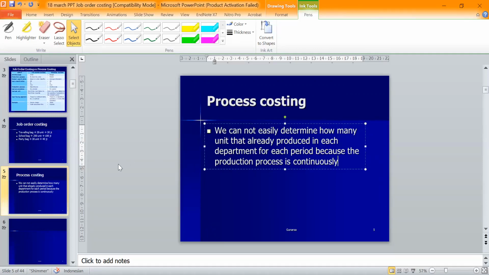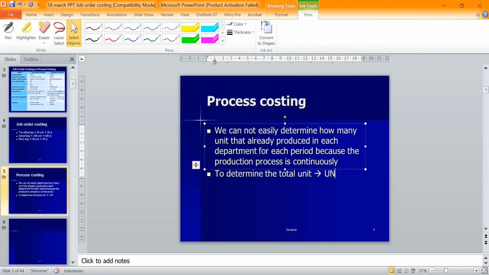So for this issue, we have an assumption in the process costing to determine the total unit.